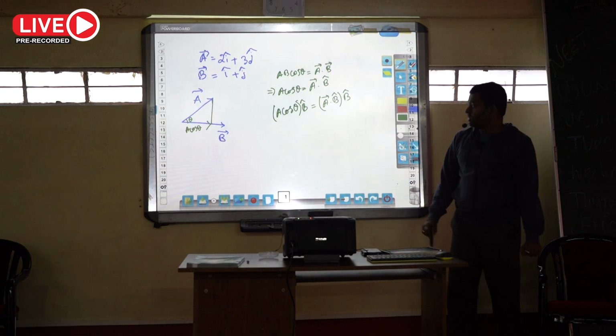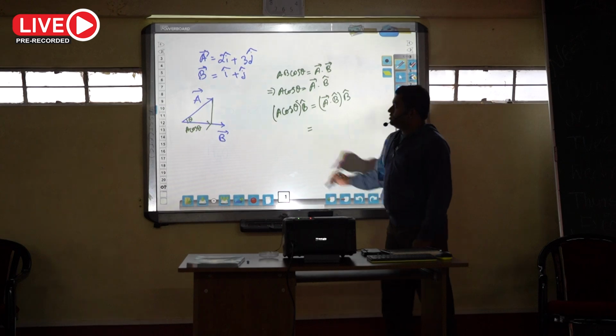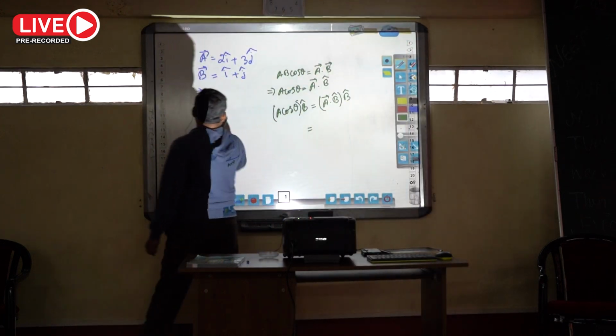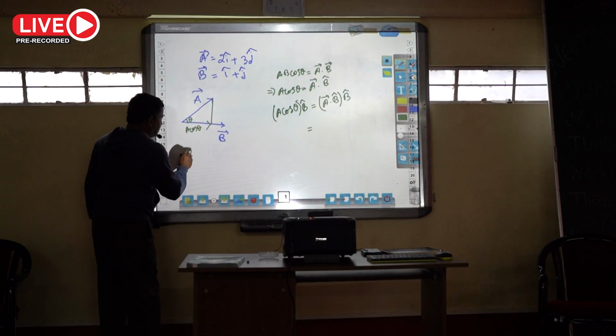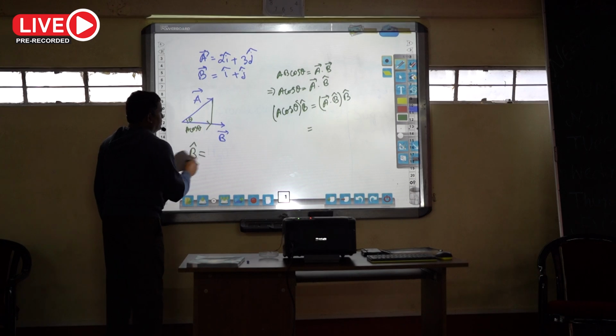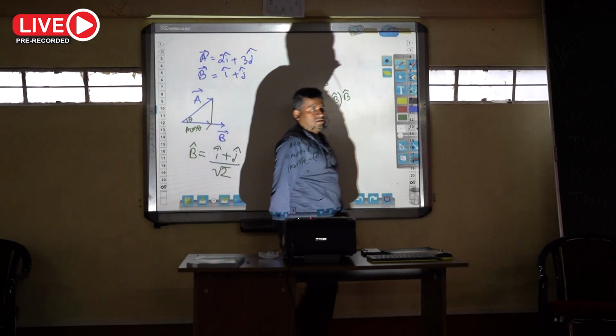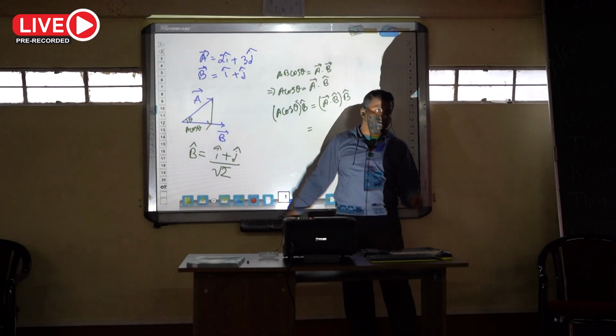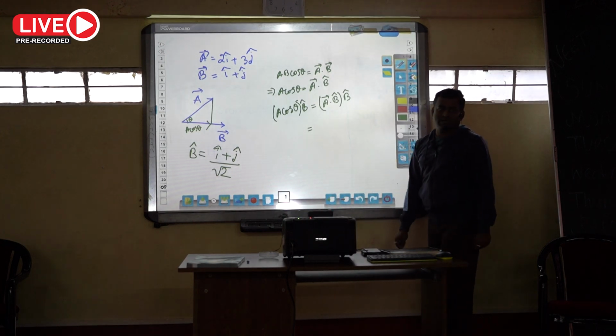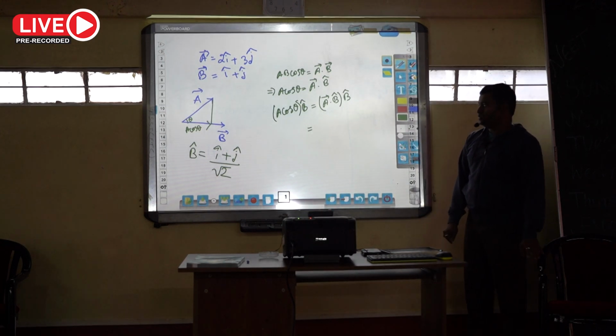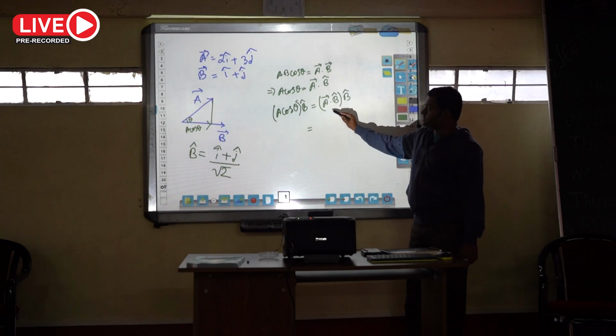Clear? Now B cap will be i cap plus j cap by root 2, because vector B's magnitude will be root over 1 square plus 1 square, so it will be root 2. First calculate this one.